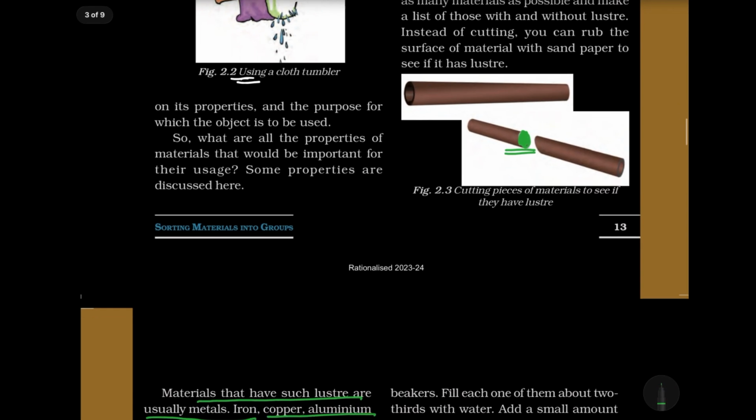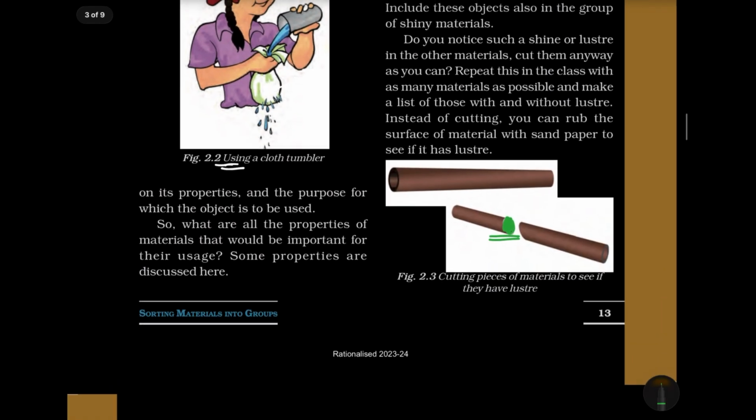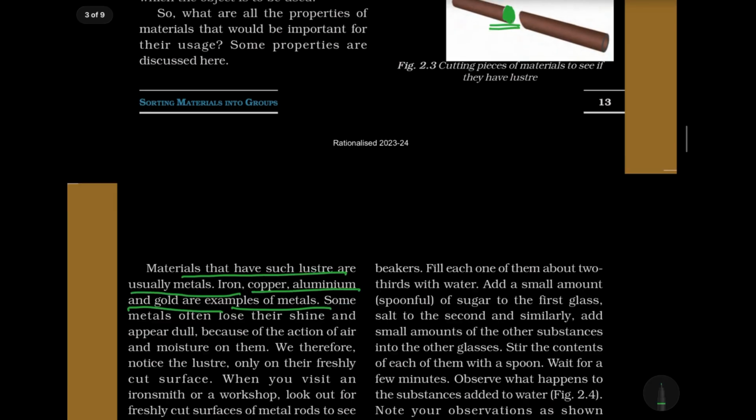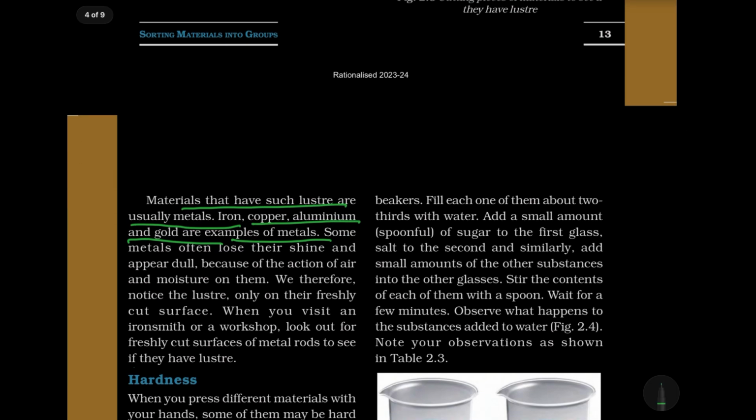If it still does not have any shining property, take sandpaper, which is usually available in all stores. Rub the sandpaper on the surface of the material, and it will get the shining property. Metals have this shining property.